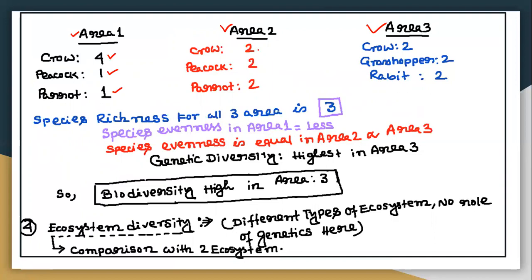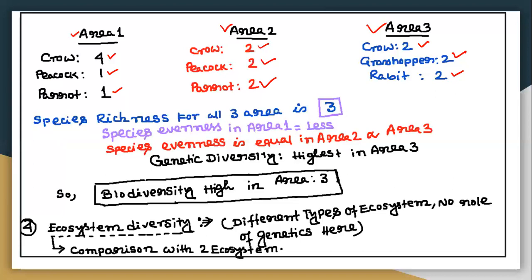But in area 2, crow 2, peacock 2, parrot 2. In area 3, crow 2, grasshopper 2, rabbit 2. Here you can see that the species richness in all three areas is 3, because there are 3 different types of species. So species richness is 3.